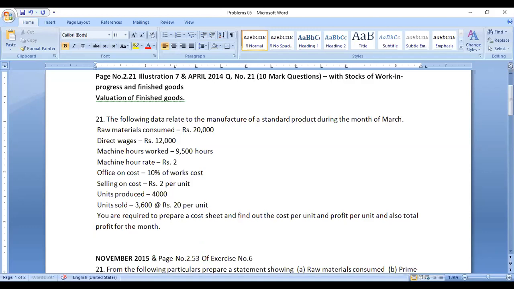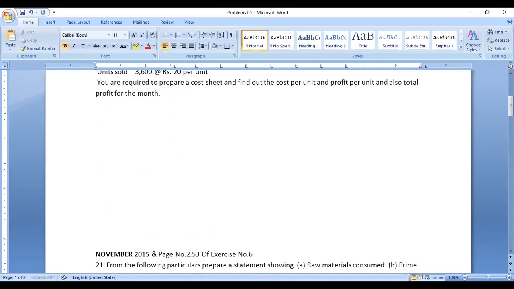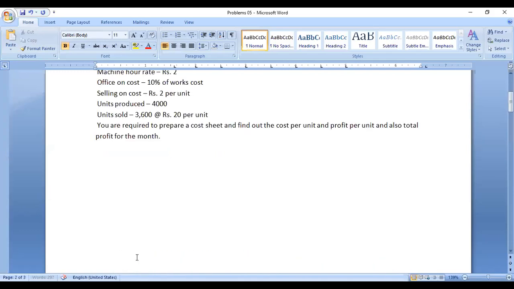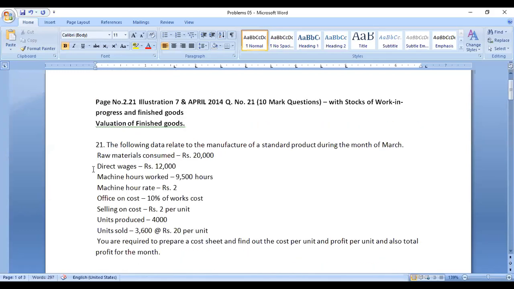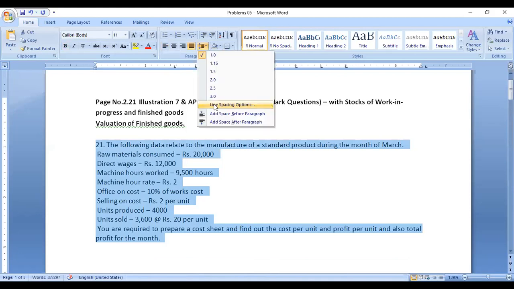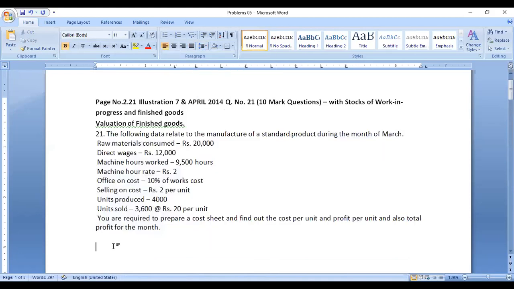So for this problem, now you have to write the output. Here I can give some pages for this answer. I will reduce these pages also, right? Now you have to open 3 columns. Insert a table with 3 columns.